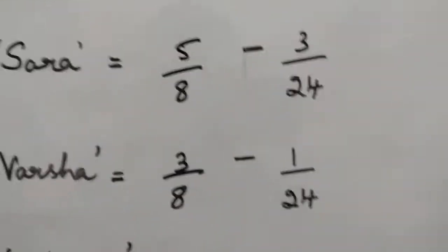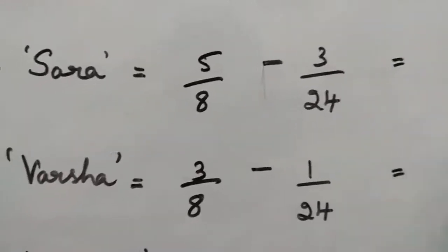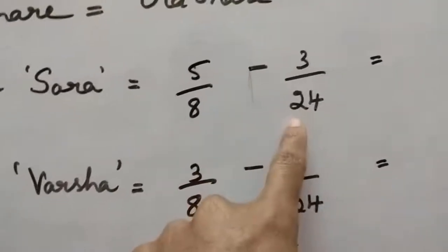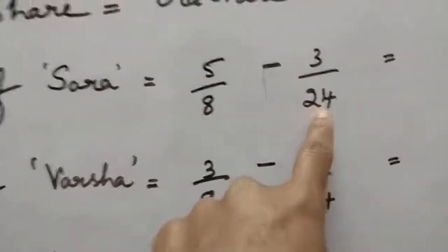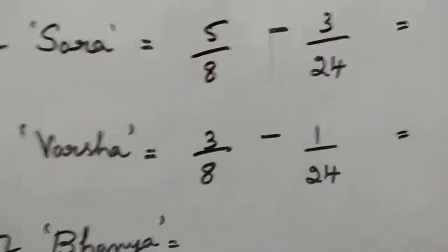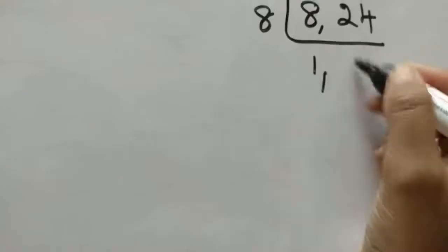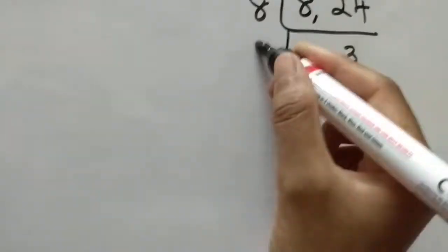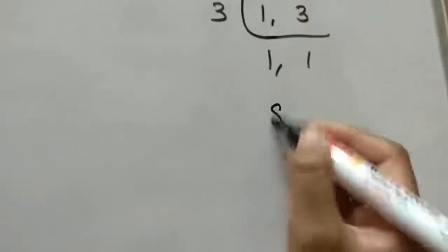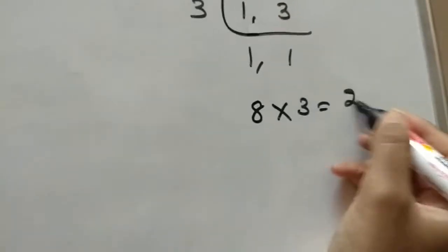Now concentrating on the denominators, are they the same? No, they are not equal. So we have to make them equal. 8 and 24 go in the same table, so we need to find the LCM of 8 and 24. 8 1s are 8, 8 3s are 24.